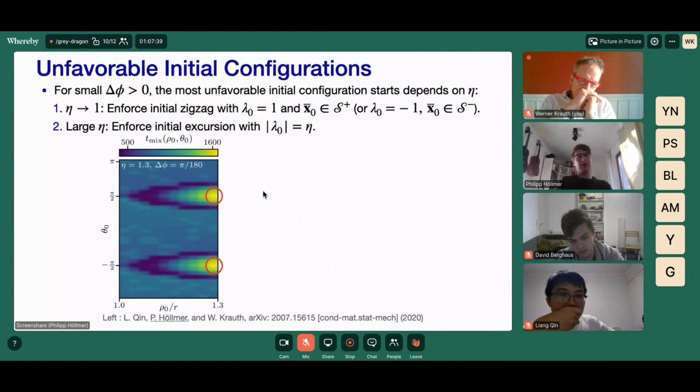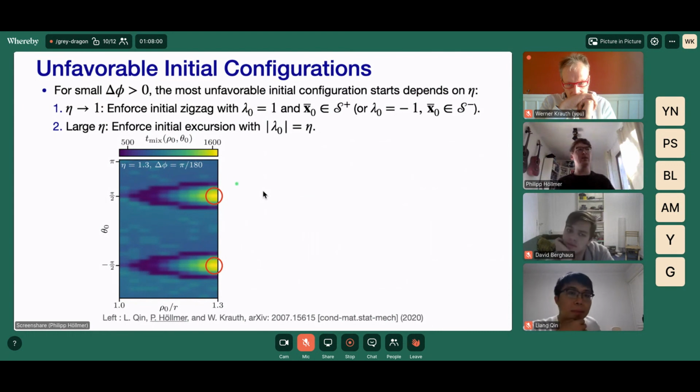So for larger values of eta, another phenomenon comes into play and gets important, and there it's bad to start with a very long excursion. The longest excursion we can start is if we choose lambda 0 to be exactly eta. So this is in the phi 0 reference frame. This is where we start at the most top of our ring system.